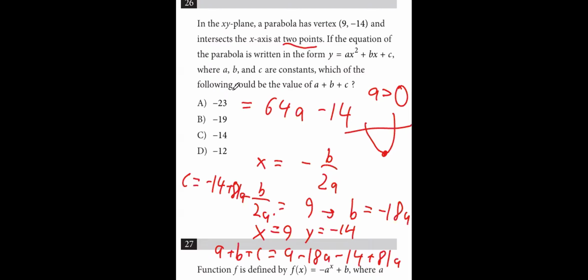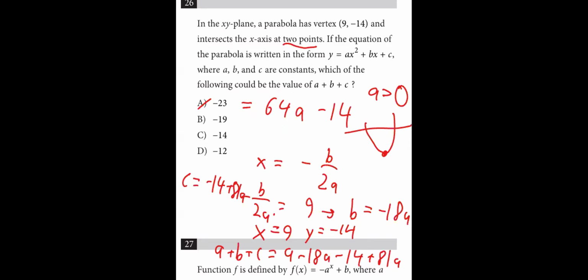If we plug in negative 23 is equal to 64a minus 14, we get a is equal to negative 9 over 64, which is not greater than 0. It's a negative value, so it can't be answer choice A. For answer choice B, we have negative 19 equals 64a minus 14. If we solve for a, we get a is equal to negative 5 over 64, which is still less than 0.